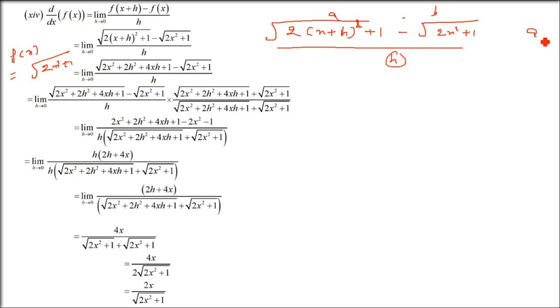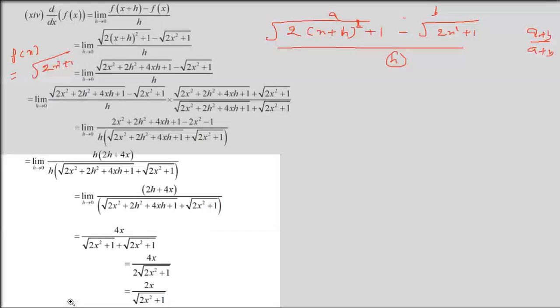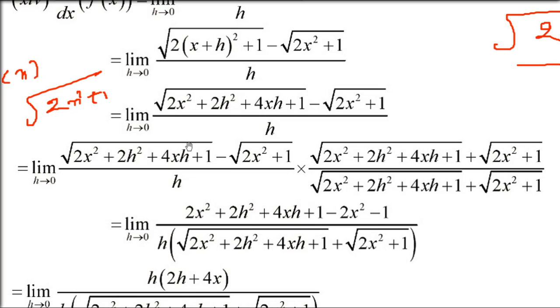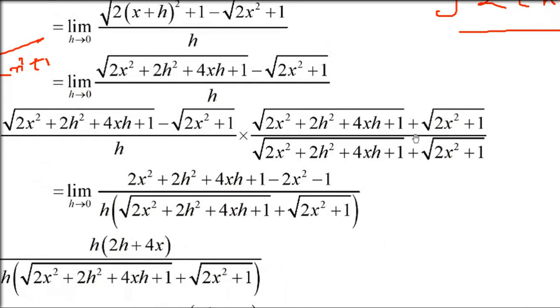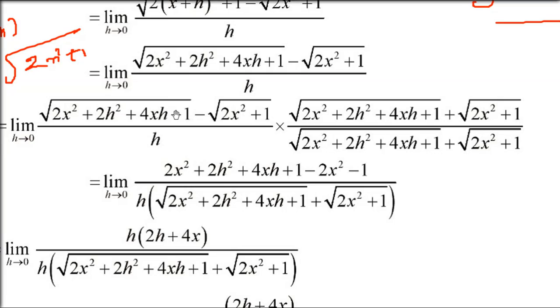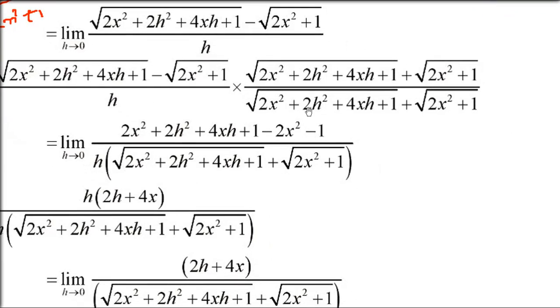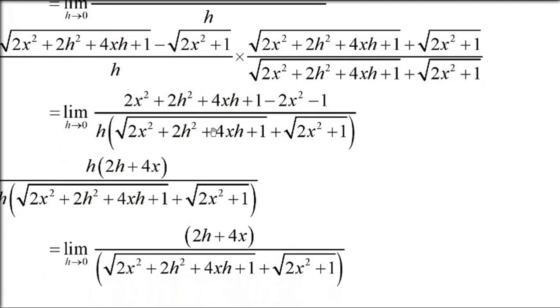So this is a minus b, so take the a plus b, multiply numerator and denominator, that is the rationalization factor. When you multiply numerator and denominator, this is root, so a square minus b square, root will be eliminated. Change the sign also, and the denominator doesn't matter because ultimately we will put h as 0.